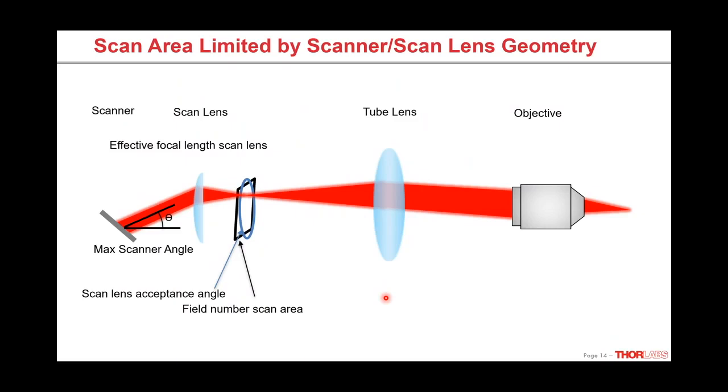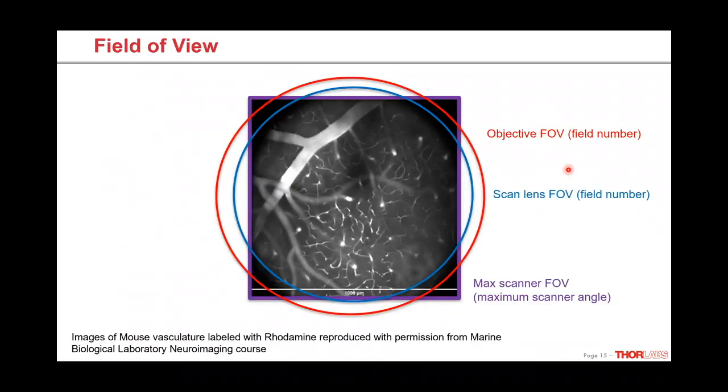If we're looking at an image, you can imagine the objective field of view would be this red circle here, and your actual field of view of your scan engine is going to be further limited by the scan lens field of view or field number, which is in blue here, and by the maximum angles of each scanner in the scan engine, indicated by this purple square here.